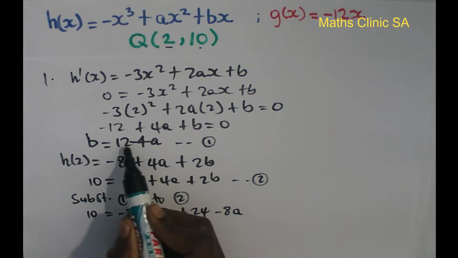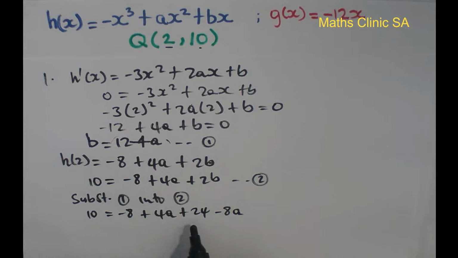We put that in place of b. Then 10 equals 24 minus 8a plus 4a minus 8, so we take 10 minus 16, which is negative 6.